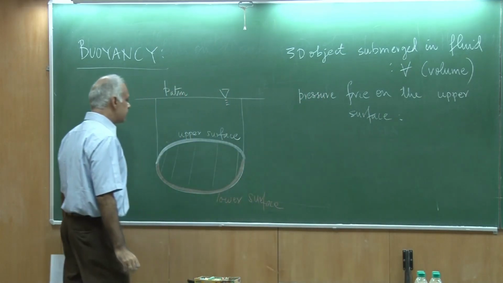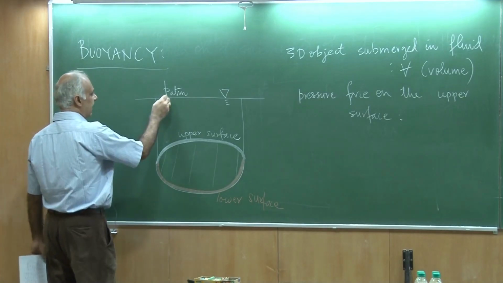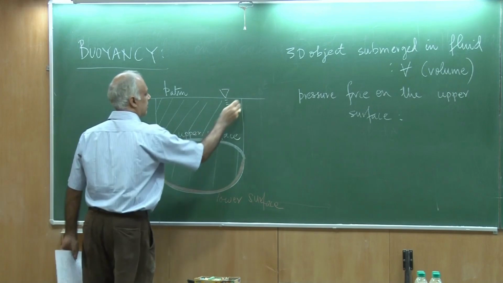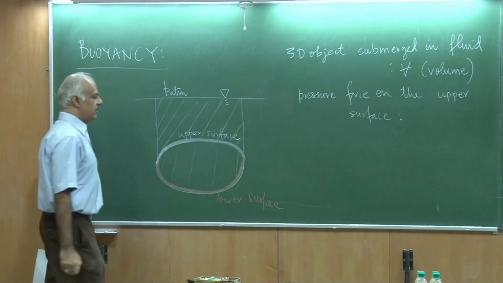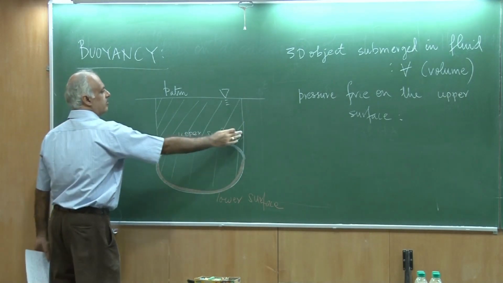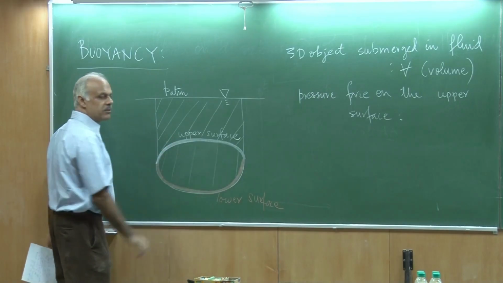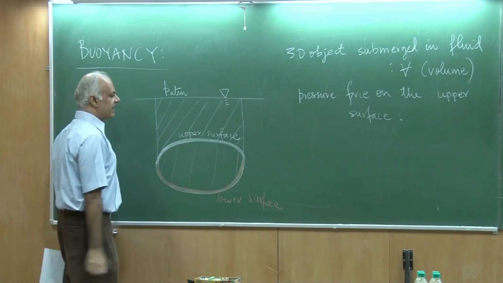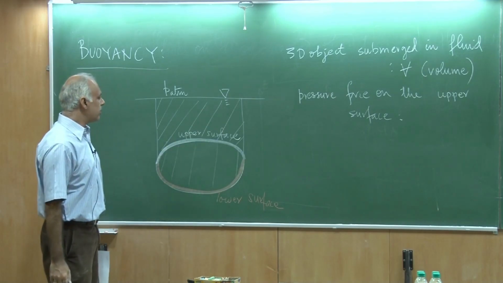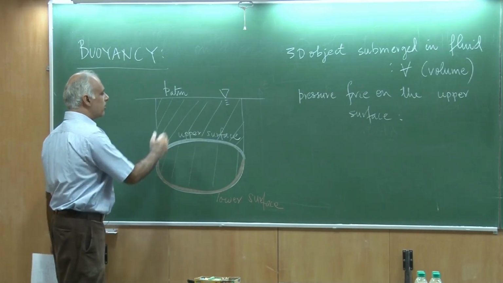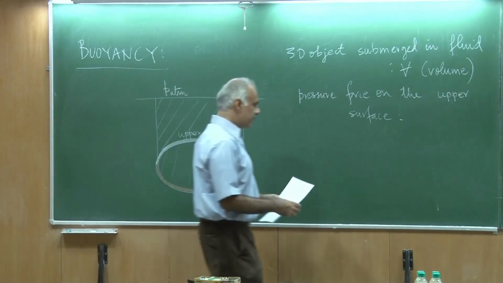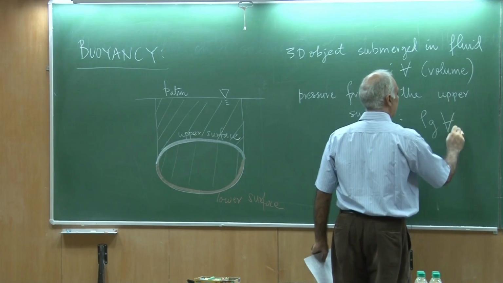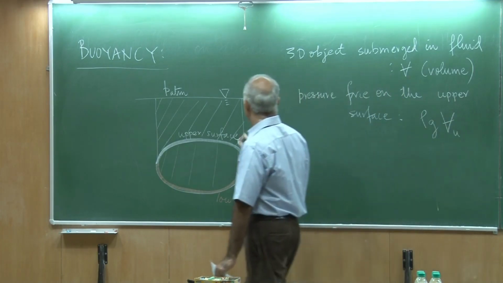And that's easy to calculate because I would have to take this prism. So this entire fluid rests on the upper surface, and the resultant I can calculate simply because of the volume of this, and that would be given as rho g, let me call this Vu.